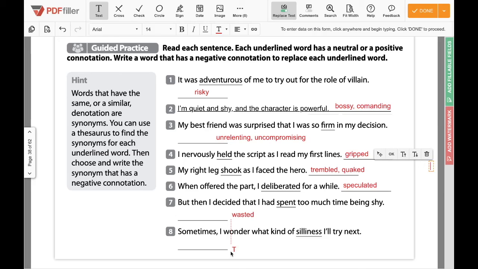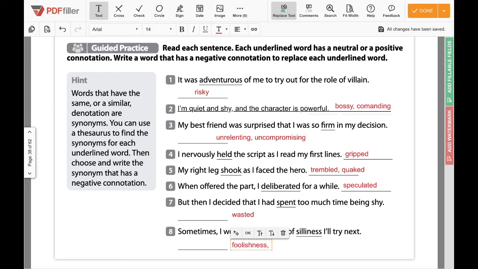So, sometimes I wonder what kind of silliness I'll try next. Silliness here is just that they're doing something different. Maybe it was a little bit silly. I would say this one has more of a positive connotation than a neutral one, because sometimes when you say a kid's being silly, maybe they were doing something that was kind of crazy or not normal. There are multiple words we could come up with. We could say, what foolishness I'll get into next.